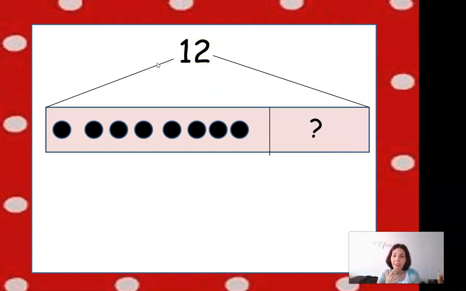So what we have to figure out is this question mark here. How many more does she need to write? So we could solve this by doing an add on, counting on or adding. 8 plus what gives us 12? So we could count on.